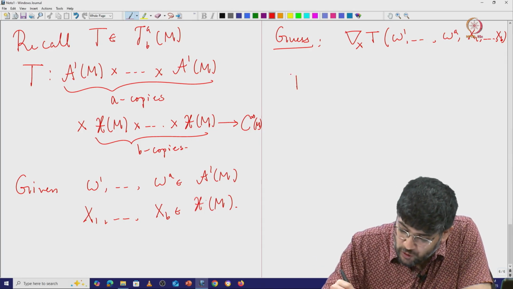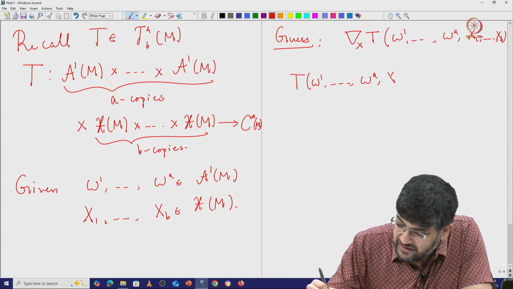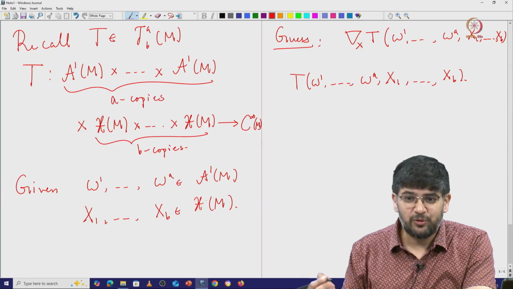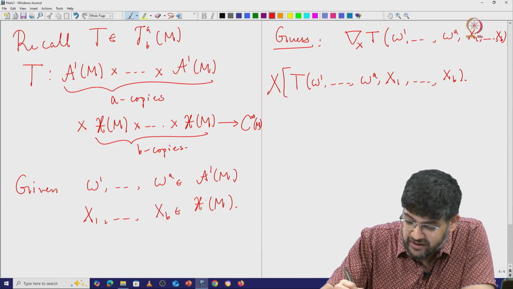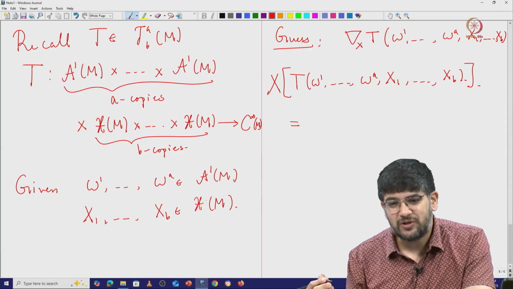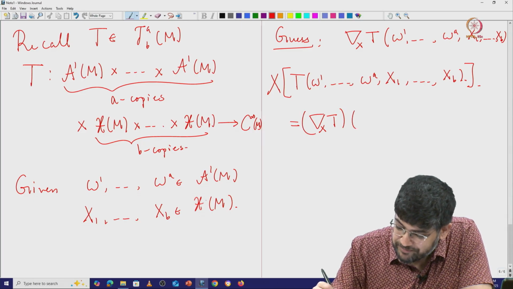So what I do is the following: I apply t to these guys. Okay, so that's going to be a function, so I can differentiate it with respect to x. And then again, if I want to impose some sort of Leibniz rule, the answer better be this.